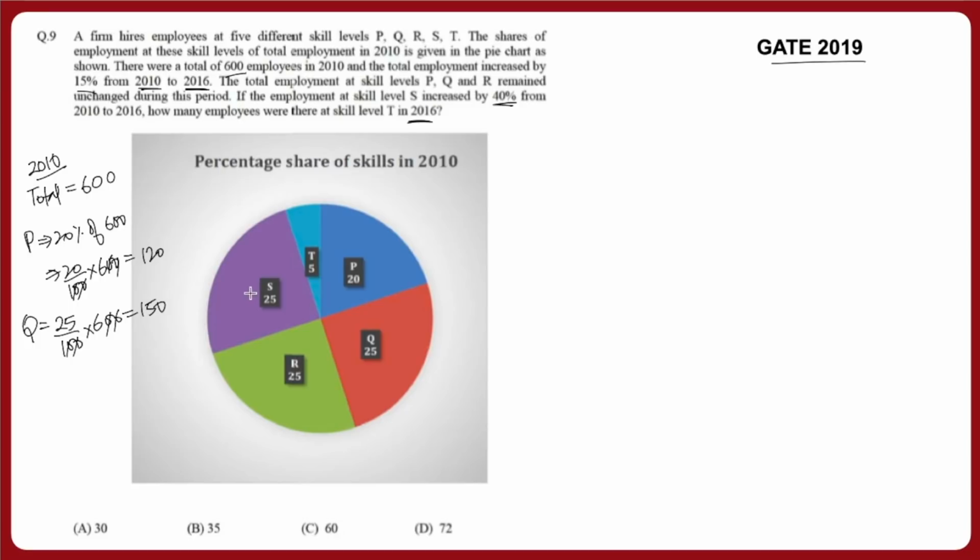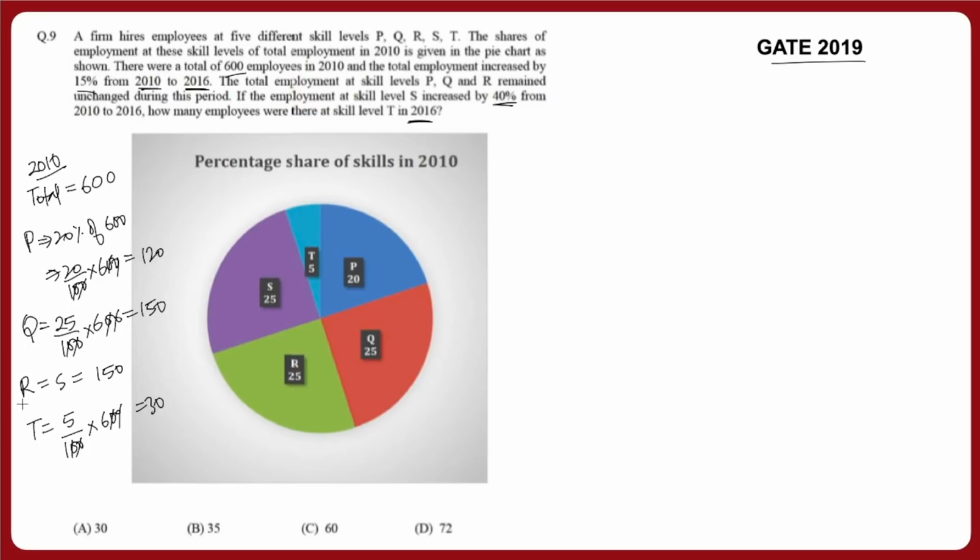R and S are also 25%, so they are also 150 only, because all of them were 25%. For T, that is 5%, so 5 by 100 into 600, which is going to give you 30. So there are 30 people which have T skill.